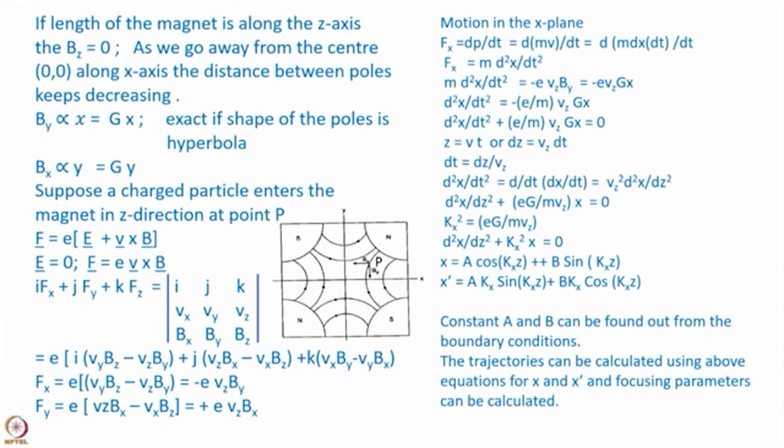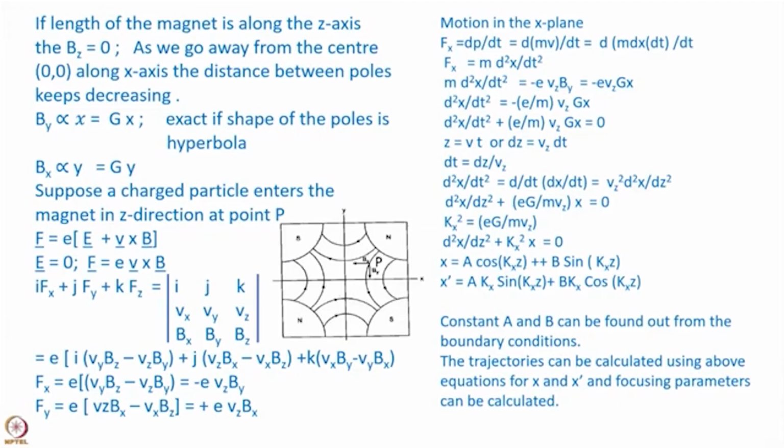So what you want to know is x as a function of z and y as a function of z, because those are the transverse planes. So you want to calculate the trajectories of particles as a function of z in both the x and y planes.